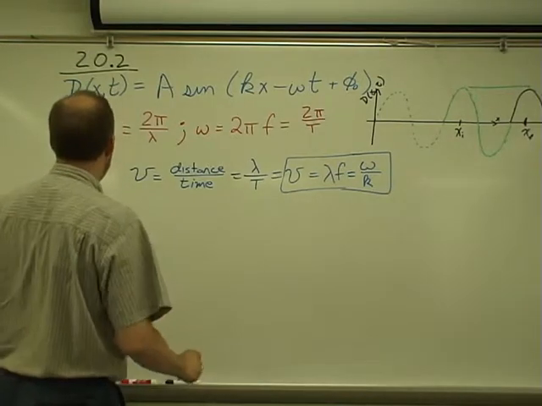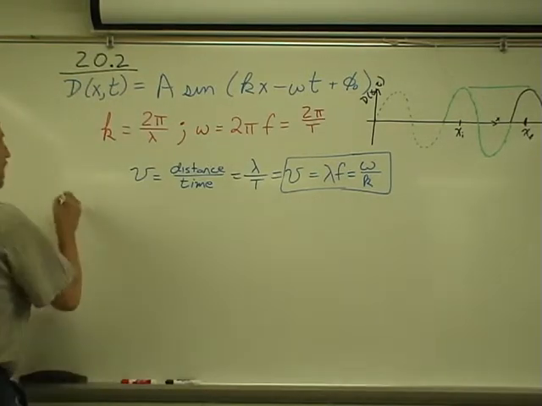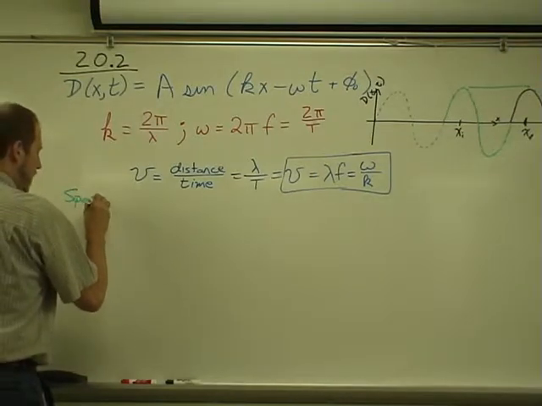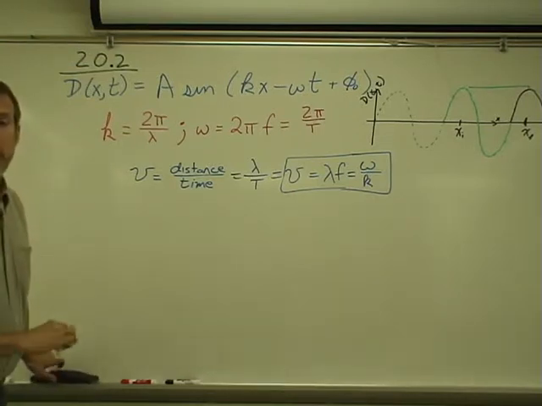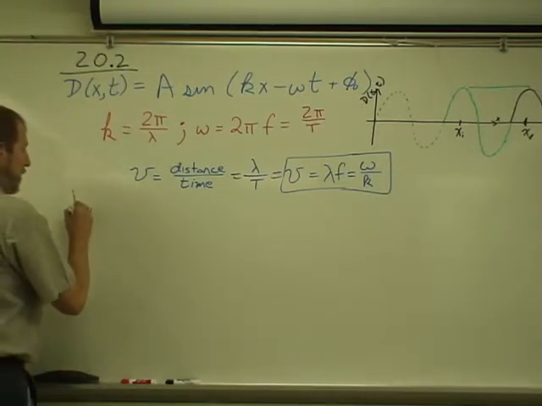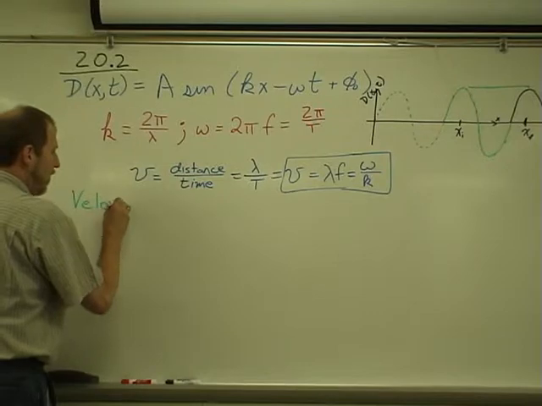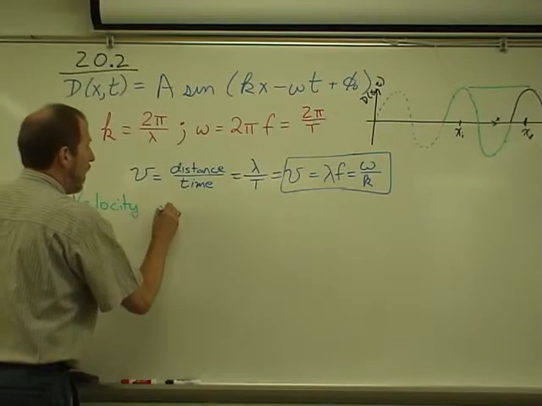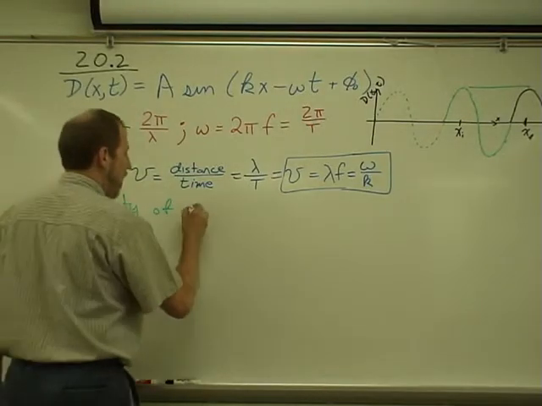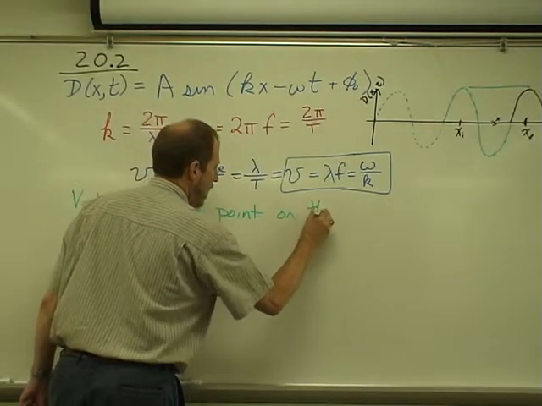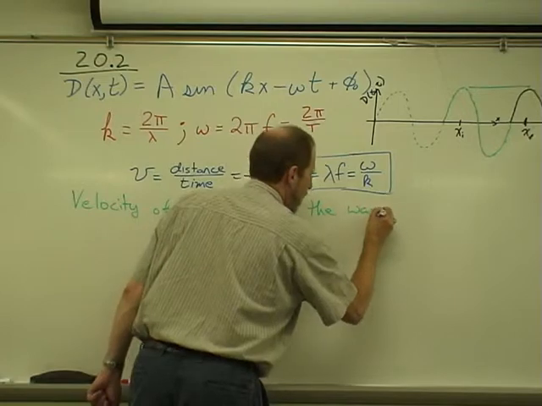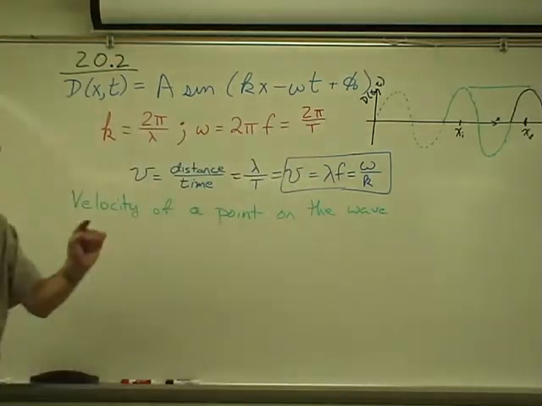Suppose I'm looking at, heck, I won't even say speed. I'll go ahead and say velocity here because it's going to keep directional information. The velocity of a point on the wave.